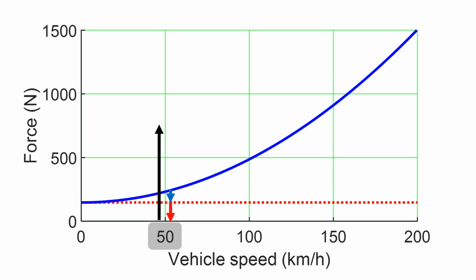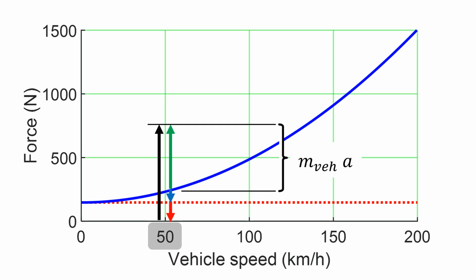The result is the net force, and it is equal to the vehicle mass times the acceleration. Notice that the acceleration is proportional to the difference between traction force and the road resistance curve at the actual speed. All the force vectors should of course be at 50 km per hour, but for clarity they have been plotted side by side.